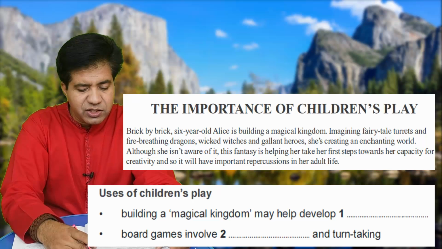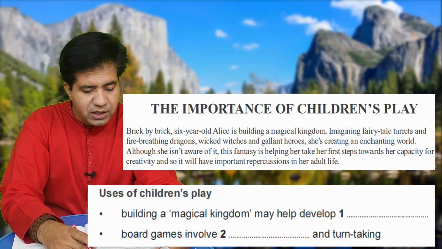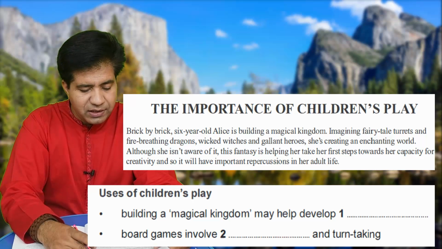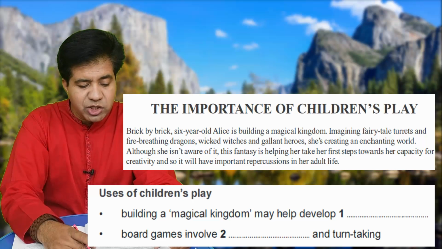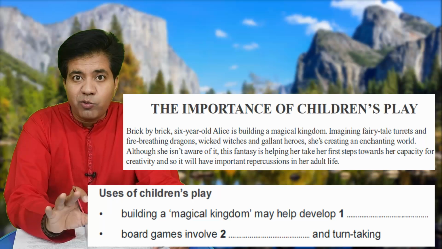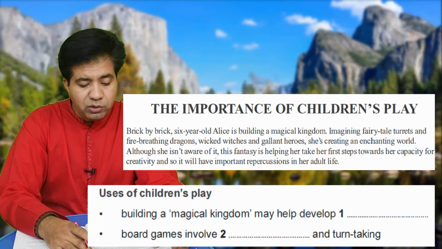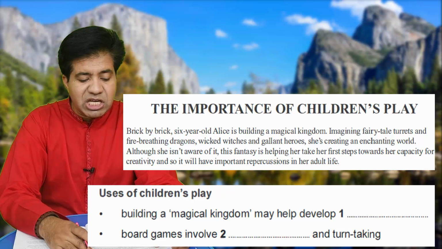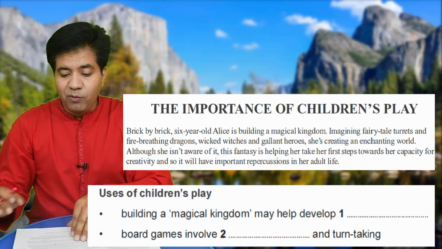Imagining fairy tale, tourist and fire breathing dragons, wicked witches and gallant heroes. She's creating an enchanting world. So far they haven't said anything about the question, right? Then they say, although she isn't aware of it, this fantasy is helping her take her first step towards her capacity for creativity. Now what's the question?